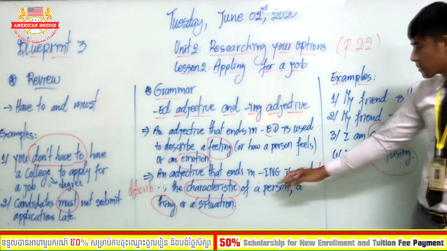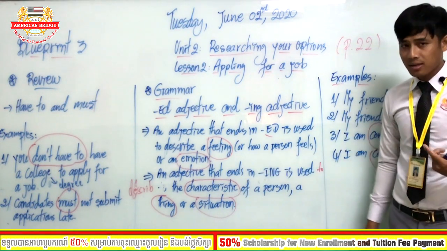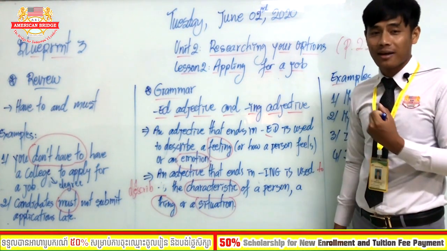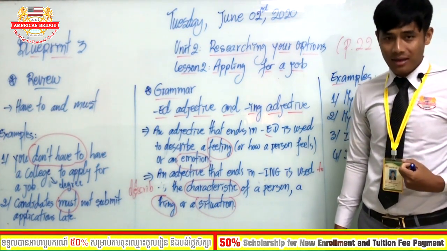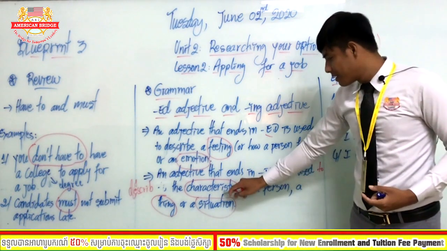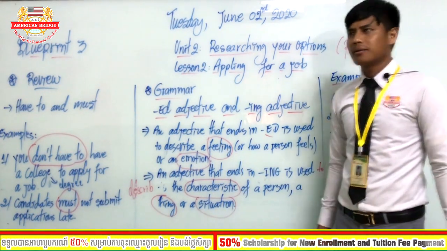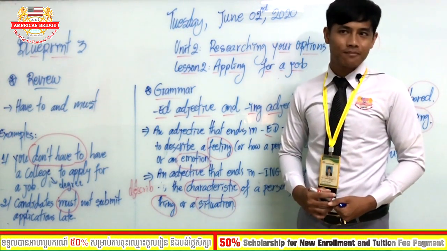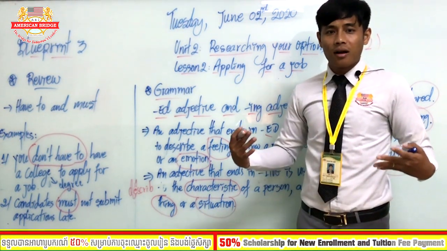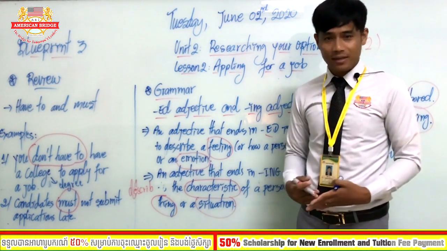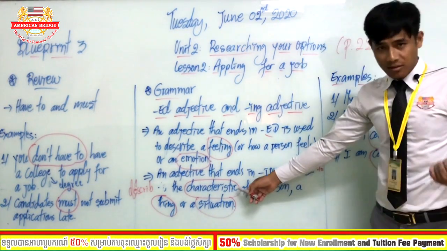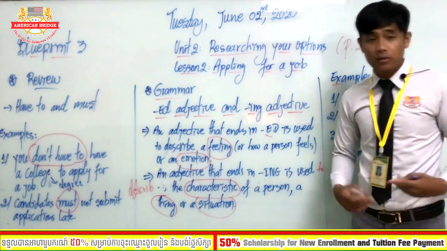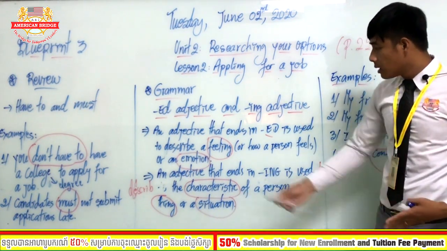Used to describe the characteristics, we talk about human habit, human action. For example, sometimes I feel boring. We call this the characteristic of a person, a thing, or a situation.